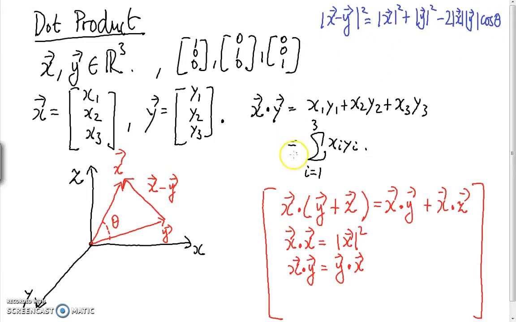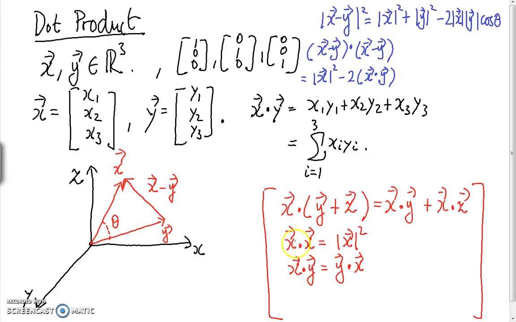Now, the magnitude of x minus y squared is really just the same thing as x minus y dot x minus y, which is equal to the magnitude of x squared minus twice the magnitude of x dot y.